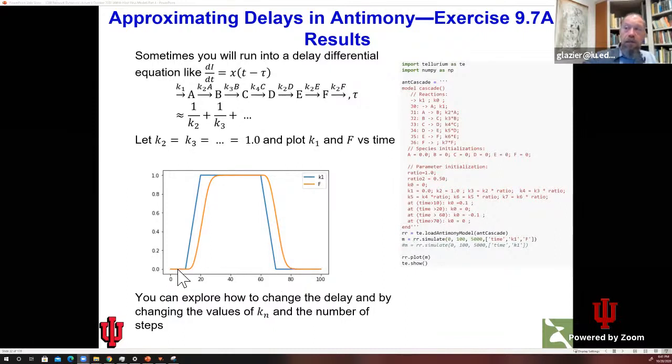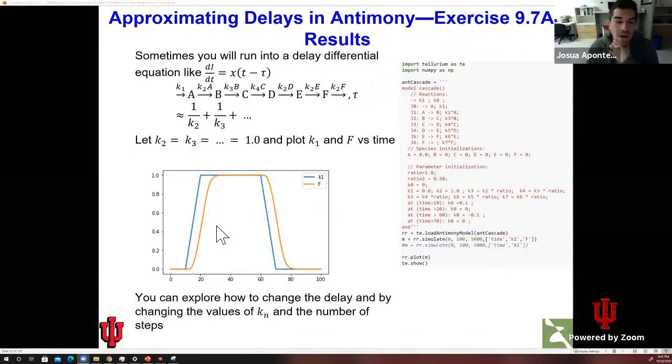So my K0 is this trapezoidal function. It goes up linearly, stays at a maximum, then goes down again. And my output of F is a little bit curved at the corners, but it's delayed with respect to K1. And exactly what that delay is, is something we could study. It's about 7 time units.